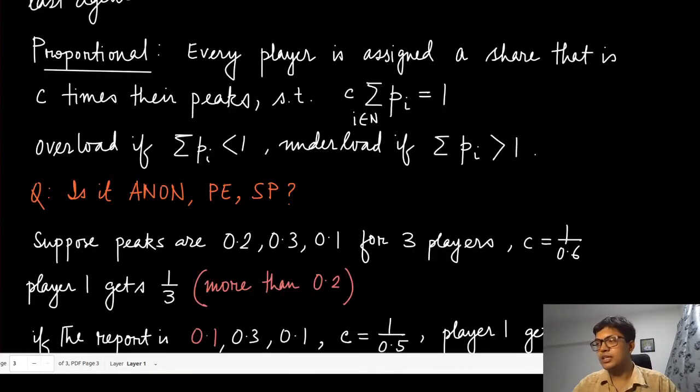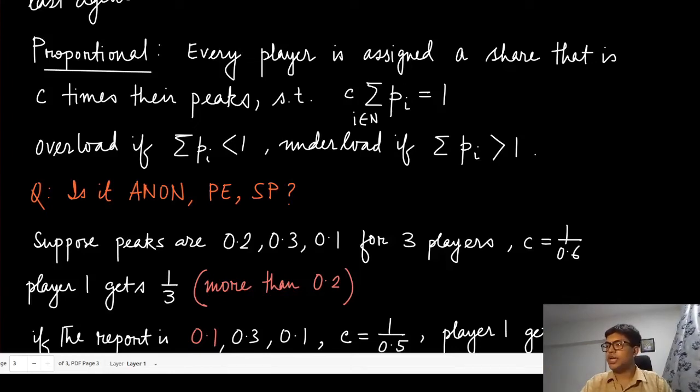The other allocation could be something like a proportional allocation. If the sum of the Pi is more or less than 1, then we can either give more share to all the agents or less share to all these agents.